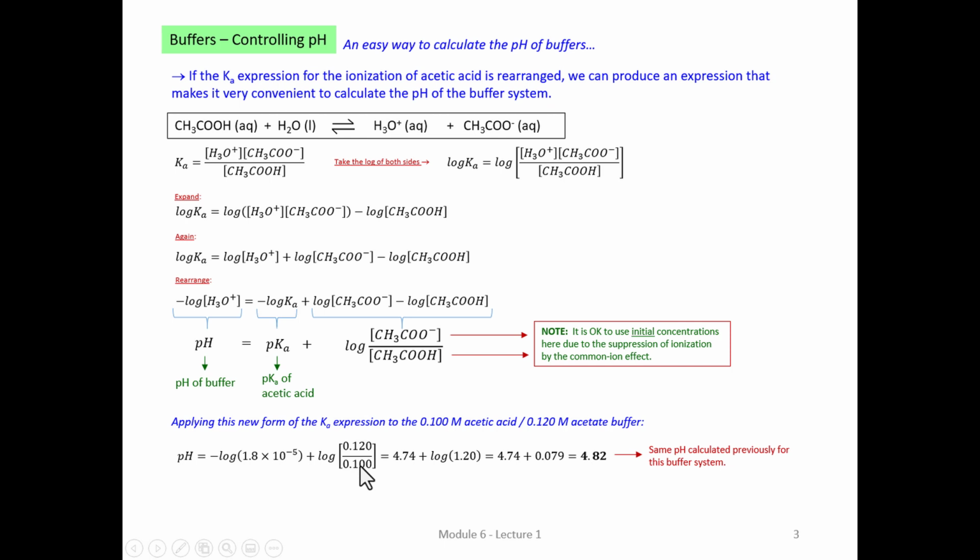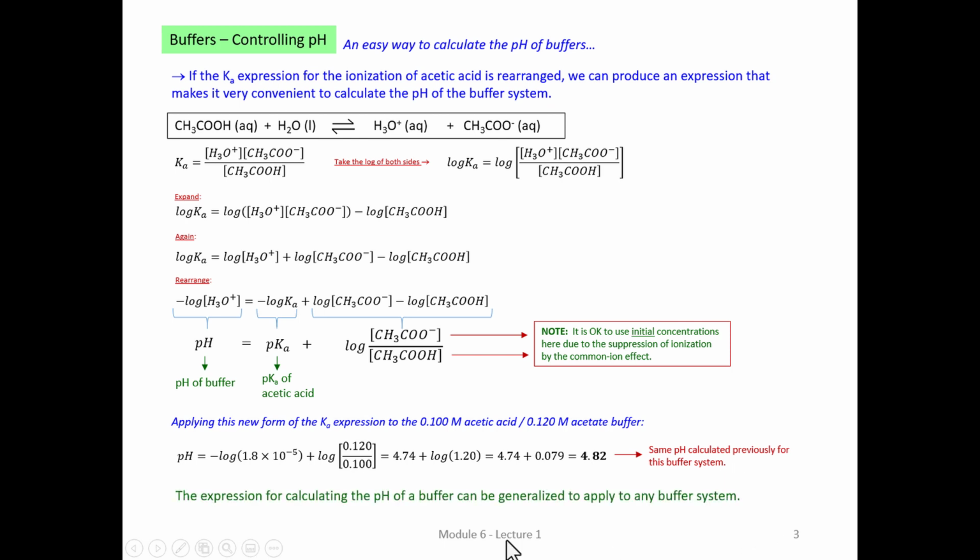The pKa, minus the log of the Ka, is 4.74. This term would be log of 1.2, so we'd have 4.74 plus a small adjustment from this log term gives us a pH of 4.82, which was the same pH we got using the ICE table.